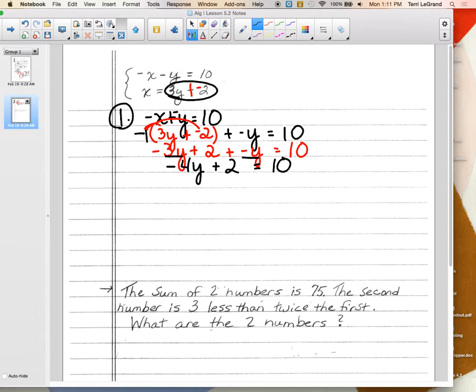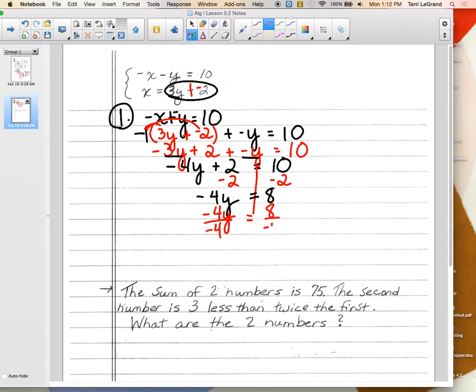Any more simplifying we can do? No. Now we are ready to solve. So what are we going to do first? Subtract 2 from both sides. We get negative 4y equals 8. Divide both sides by negative 4.